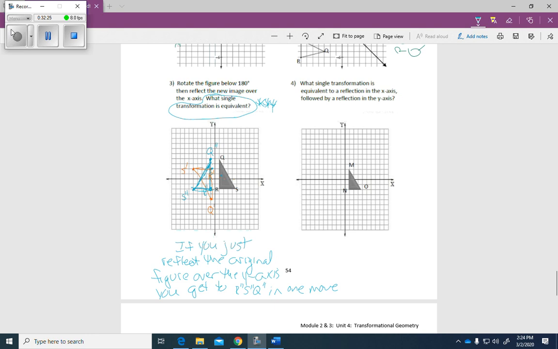Okay, what single transformation is equivalent to a reflection in the x-axis followed by a reflection in the y-axis?